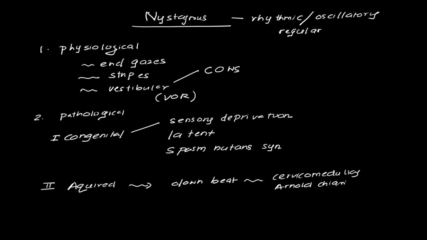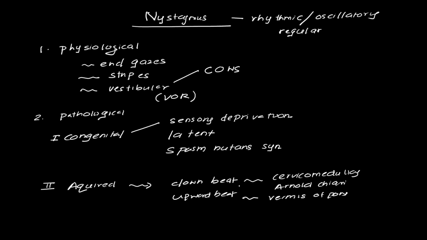If there's an upbeat, an upward beat or nystagmus when looking up, then it is a problem involving the vermis of the cerebellum, because again, as I said, looking up and down is usually carried out by these brain stem regions, particularly the midbrain, and the cerebellum and the pons help as well.